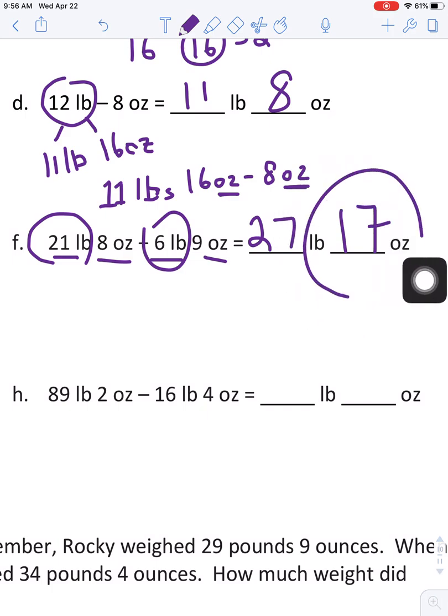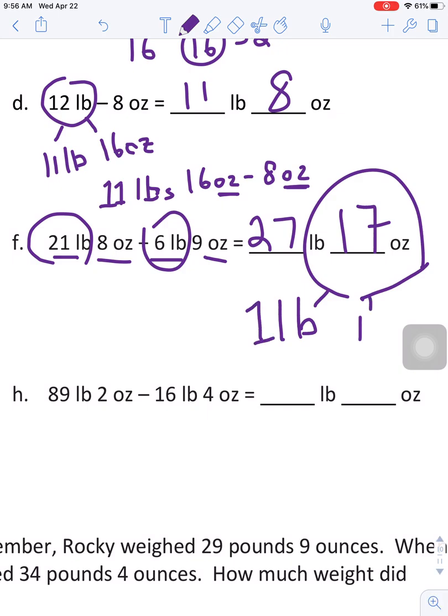So I'm going to actually go ahead and convert this to 1 pound and 1 ounce, because 16 ounces is 1 pound. So I've got 16 plus 1, 17.